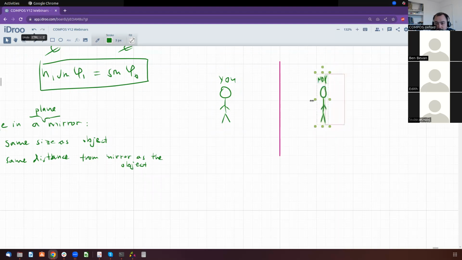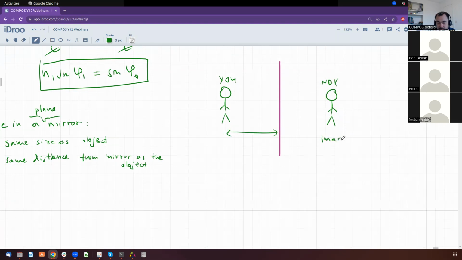Well, let's make it a mirror image. It's always the same size and always the same distance. So if this is you, this is your image.